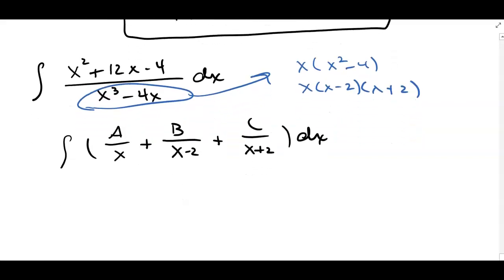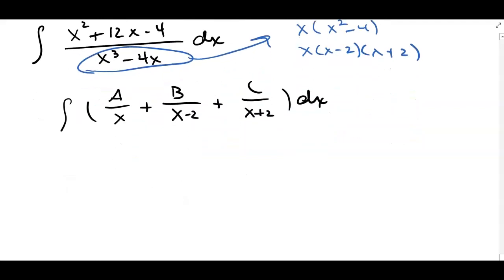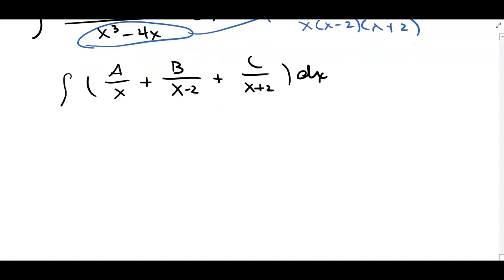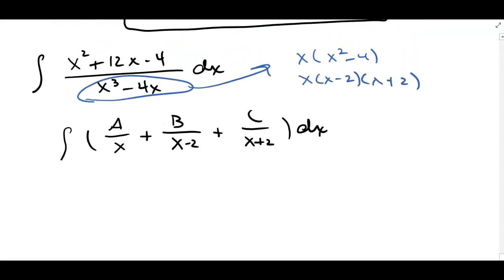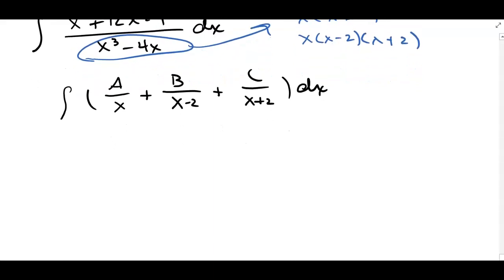dx. So let me quickly go through the partial fraction decomposition. I'm going to take it out of the integral to do that, and then we'll put it back in the integral. So clearly my first term needs to be multiplied by x squared minus 4, times A. So that's going to be A times x squared minus 4, because it's A times x minus 2 times x plus 2. So that's going to give me Ax squared minus 4A.